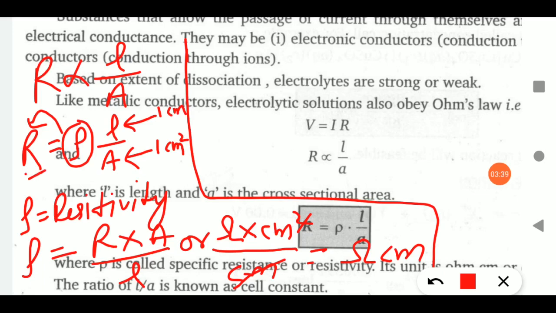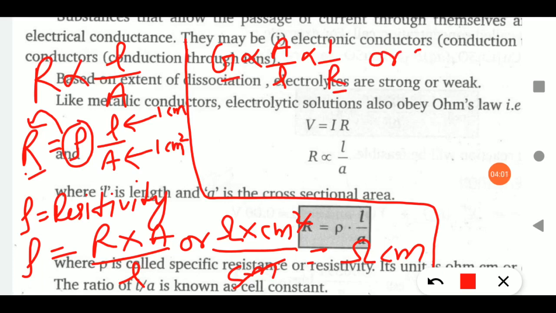Similarly, one more term, that is conductance. Here I will use conductance as G. G, that is conductance, is directly proportional to the cross section area and inversely proportional to the length, that is, it is inversely proportional to the resistance. We know that conductance is always inversely proportional to the resistance.